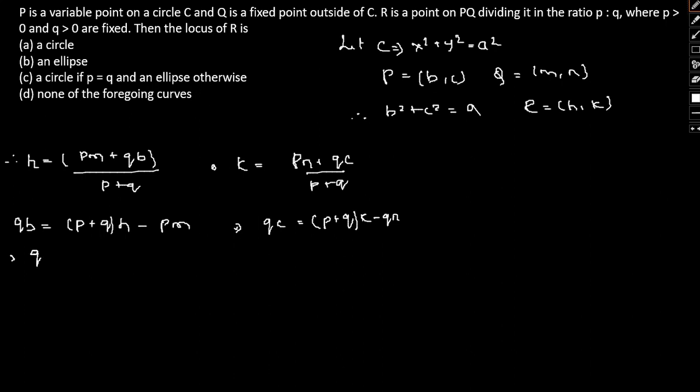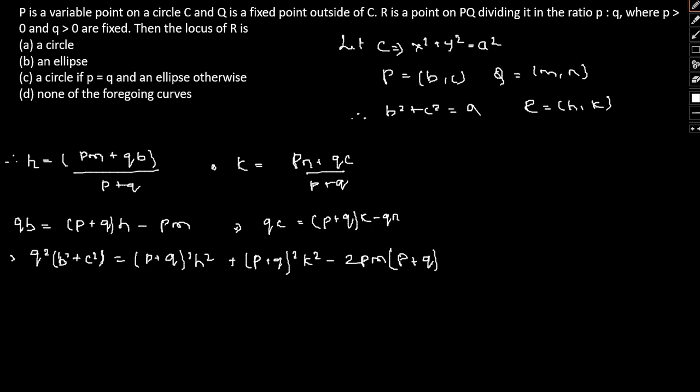Now q square (b square plus c square) will be given as (p plus q) whole square into h square plus (p plus q) whole square into k square minus 2pm (p plus q)h plus p square m square, minus 2pn (p plus q)k plus p square n square.